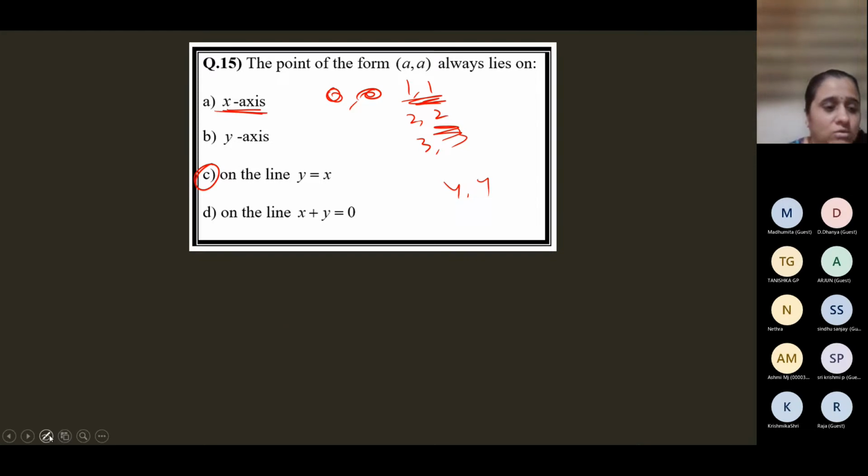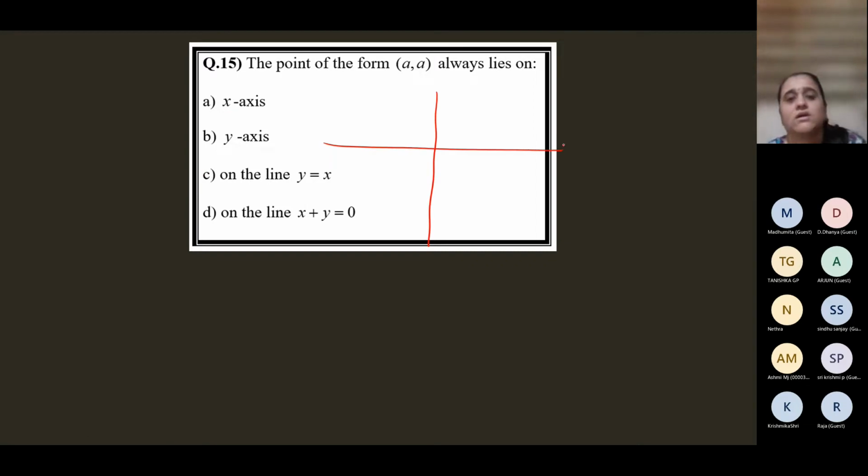See, children, we haven't done coordinate geometry here, but let me ask you this question. If I give you any point, how many positions are there for a point? Like you say, first quadrant, second quadrant.